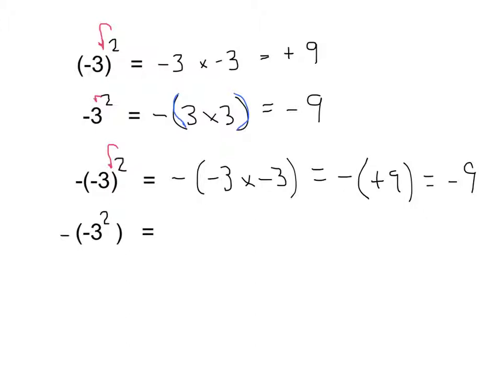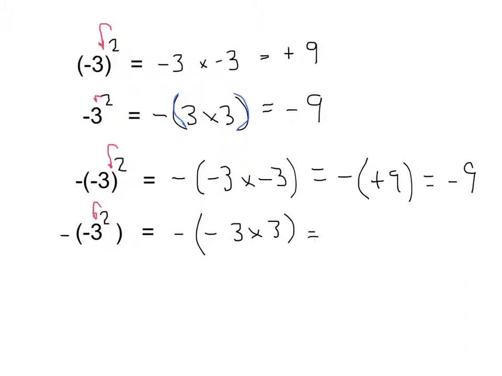Lastly, the first thing that the exponent sees in this case on the fourth problem is the 3. And so we bring the minus sign down. We show the parentheses. We say, oh, we're squaring 3, so it's the opposite of whatever 3 squared is. 3 squared is 3 times 3.